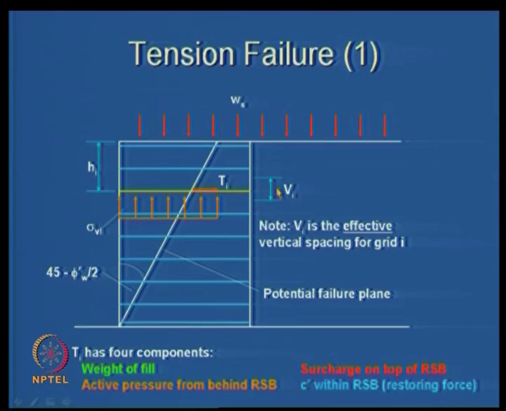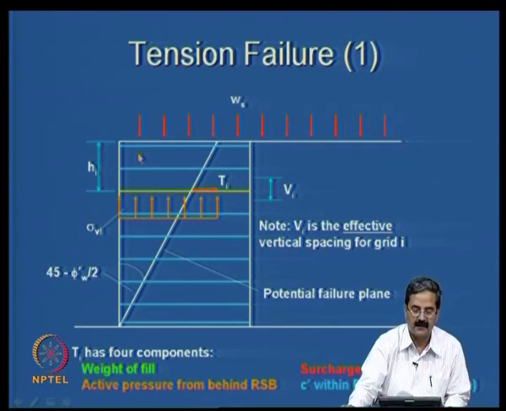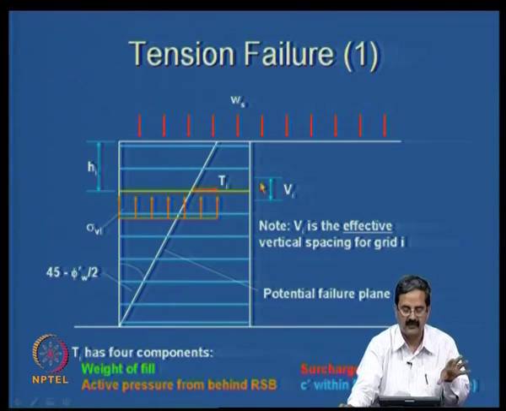What we say is that at this ith level, which is at a distance hi from the top, and Vi is a spacing, the reinforcement is effective. It can provide force within that spacing. So, how do you calculate that reinforcement force? You calculate sigma Vi, then Ka times the sigma V, we will see that.